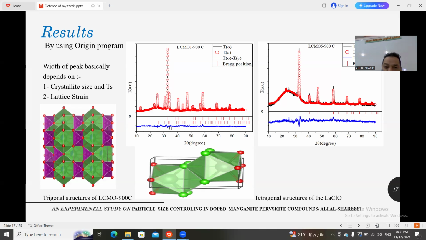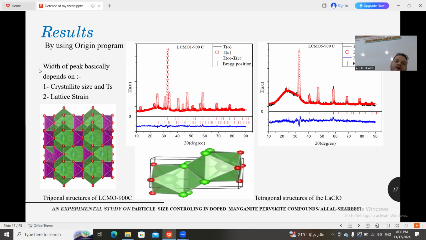Here, the difference between observation and calculation. Here, the peaks on the first line are the peaks of the main structure. After that, the peaks of the impurity. By taking a look at this plot, I know I have one main structure and one impurity.